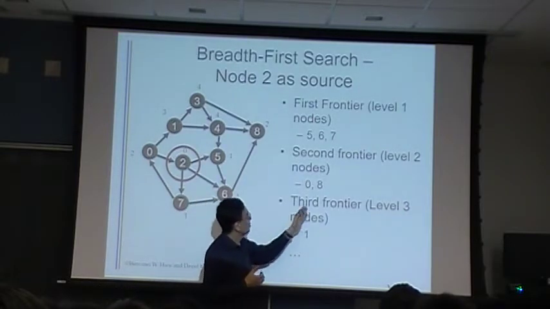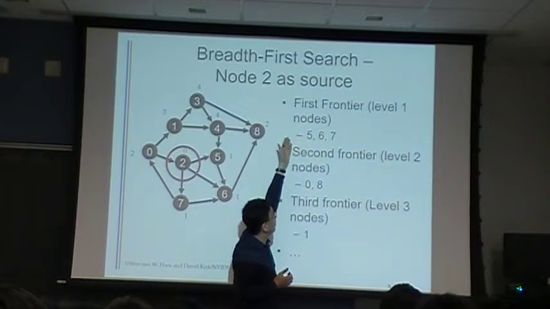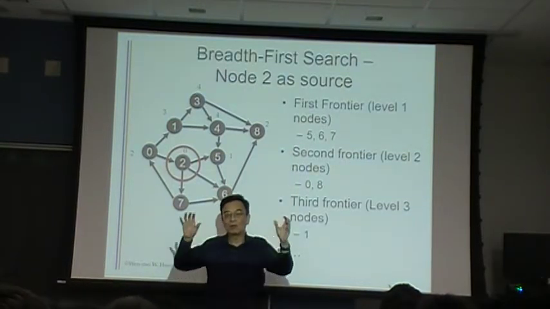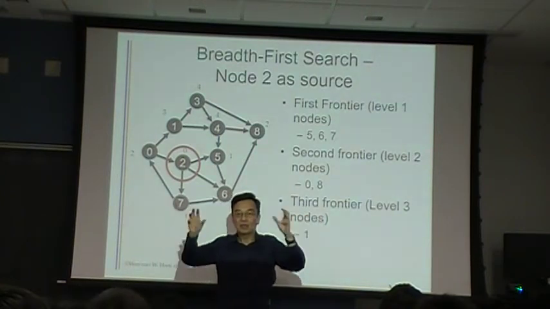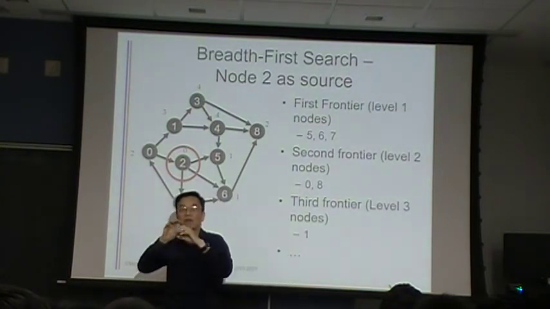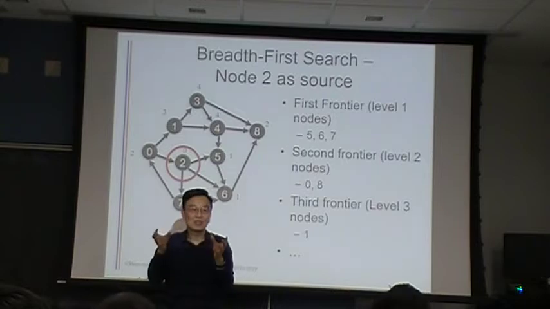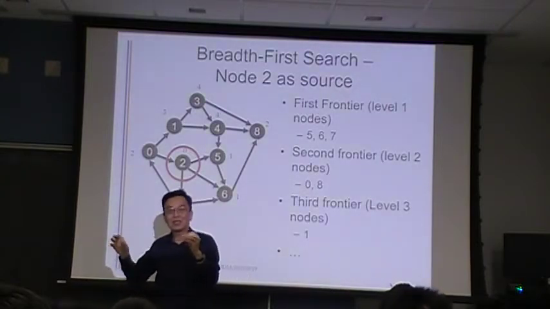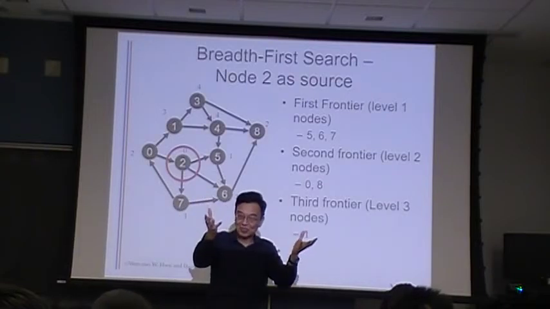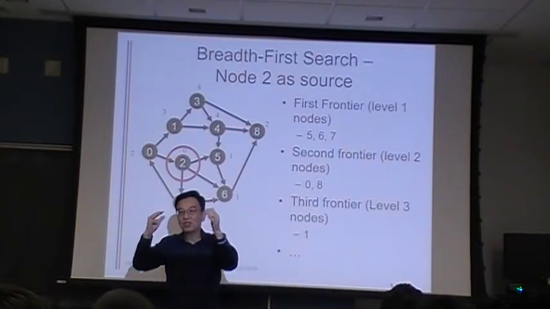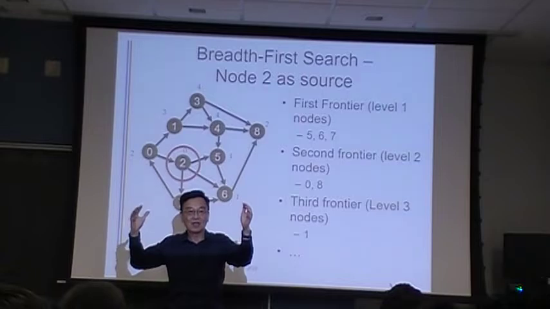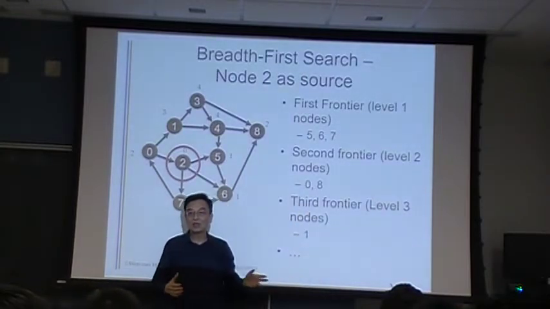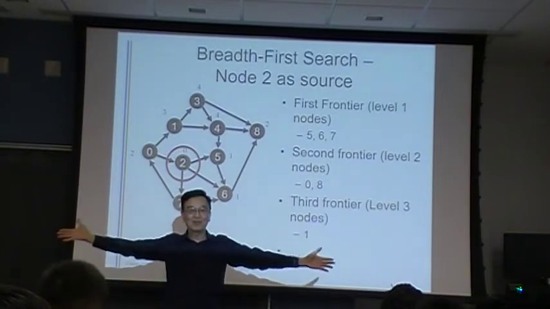And you probably start to see some pattern. That is, at the beginning you may have only one source, so you need to ramp up your frontier, right? The source node may only have a few neighbors, and then each of the neighbors can give you several neighbors. So you will have a growing frontier at the beginning. And then in the end, you may have a shrinking frontier because you have exhausted most of the possibilities.